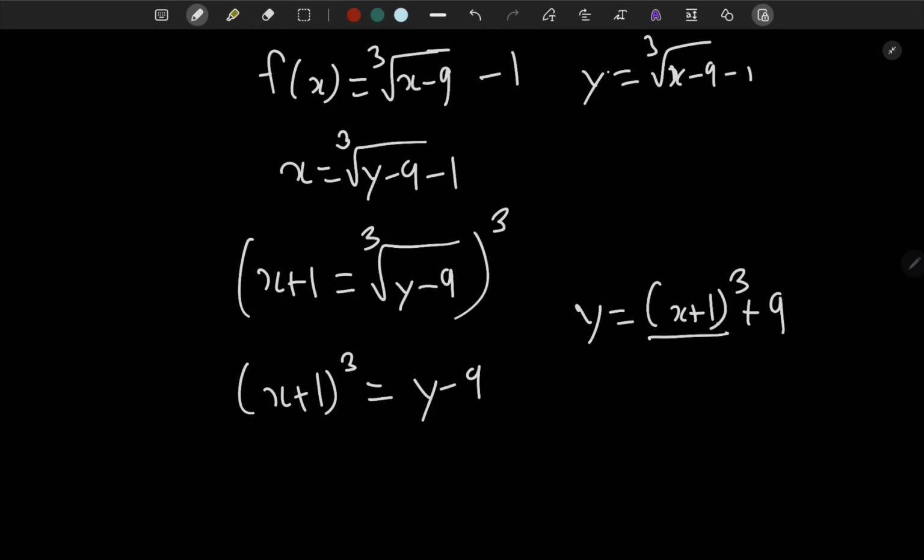Now we can simplify the brackets, but we don't need to, and that's going to take a while, so we can leave the answer as this.